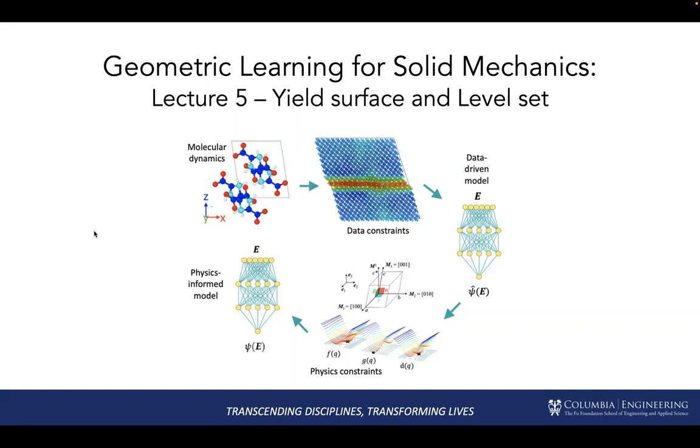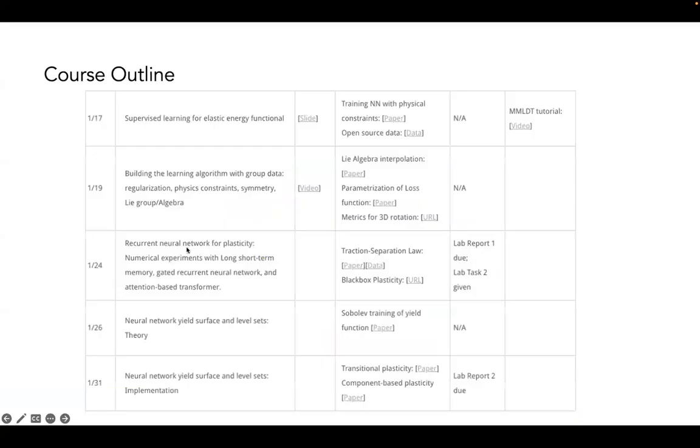Then in the next lecture we will talk more about the actual implementations, because that one is a little bit more involved. As I mentioned before, we have two lectures dedicated to more classical plasticity modeling with a neural network, and there's a corresponding paper.